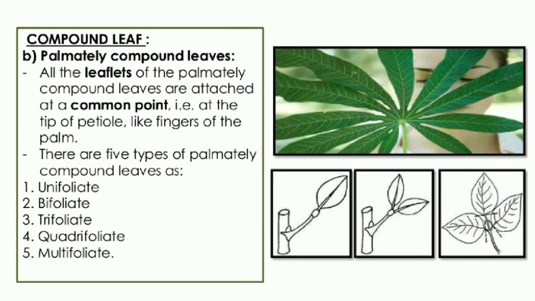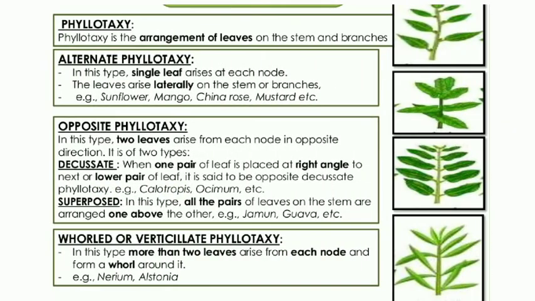Trifoliate, three leaflets. Four leaflets attached, quadrifoliate. When many leaflets are attached at the tip, it is called a multifoliate palmately compound leaf. Okay, let us move on to the next concept, that is phyllotaxy.